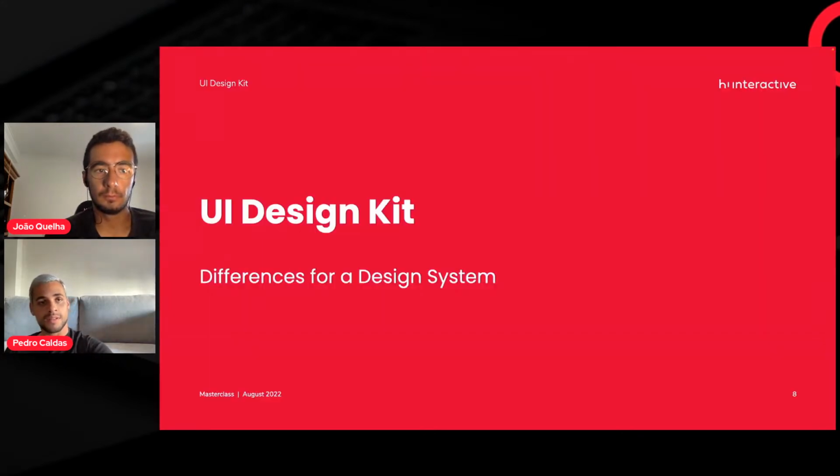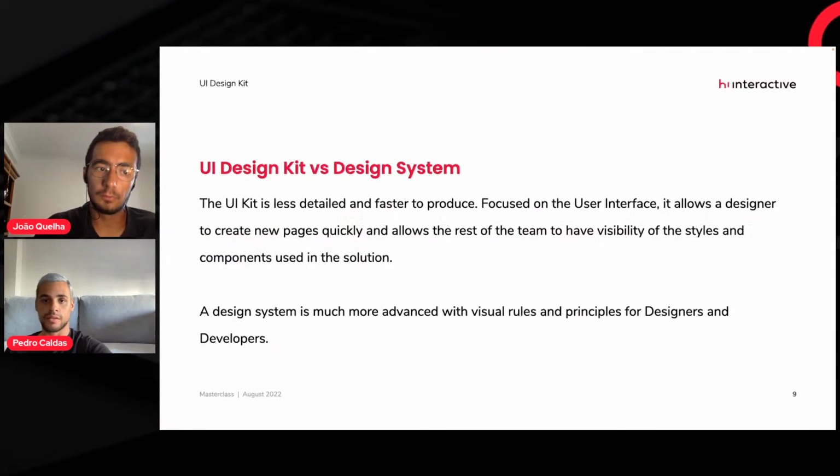About the difference between the design system and the UI kit. Basically, the UI kit is less detailed and faster to produce because it's focused on UI, as the name suggests. This allows a designer to create new pages, new screens, and new prototypes faster, and allows the rest of the team to see the styles and the components used in the solution.